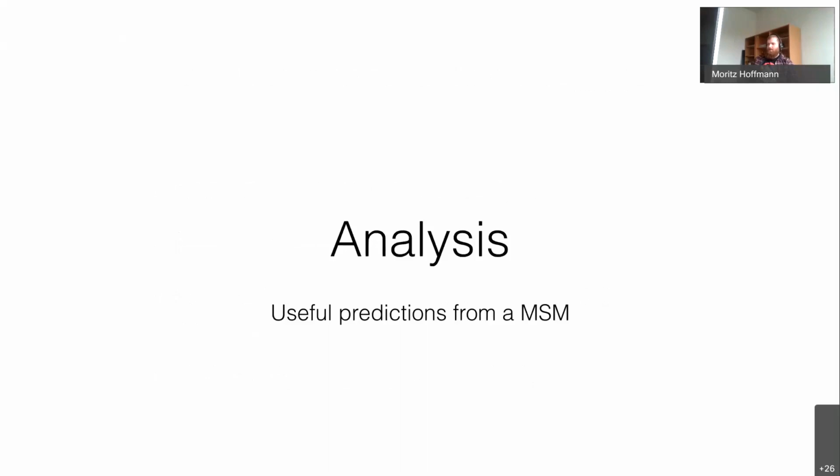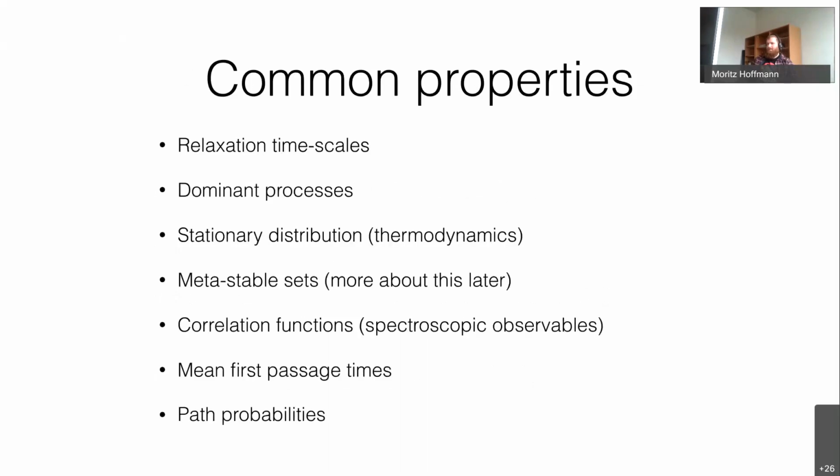Okay, and what can we draw from this? We can draw relaxation timescales and dominant processes, which we've already seen, in accordance with the eigenvalues. We can look at the stationary distribution, which is related to the thermodynamic behavior of the system. We can look at metastable sets, which will be covered this afternoon by Luis.